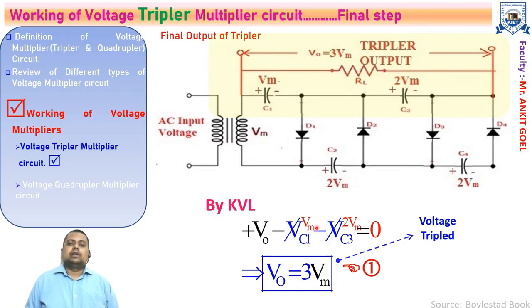So replace Vc1 by Vm and Vc3 by twice of Vm. You will get the output voltage VO equal to 3 times Vm. So the voltage available at the output across C1 and C3 is 3 times the input peak voltage. That's why it is called the voltage tripler circuit, right?